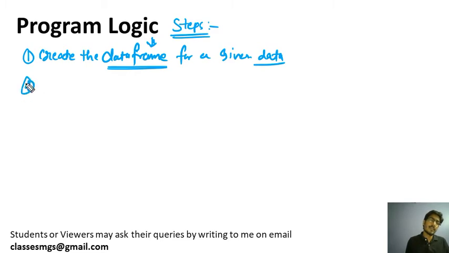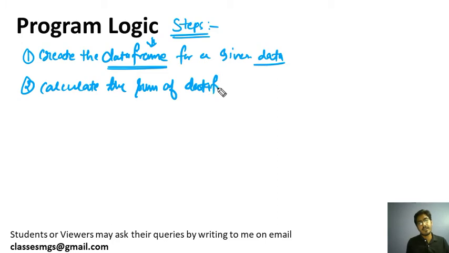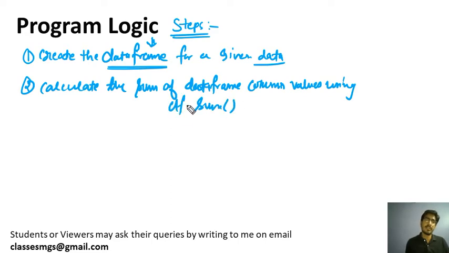Then second step, calculate the sum of data frame column values using the sum function. So you can call this sum function as df.sum. It will return the column-wise sum.